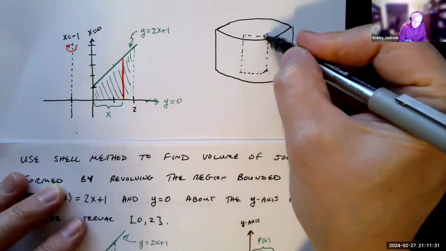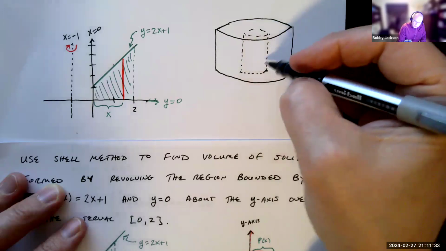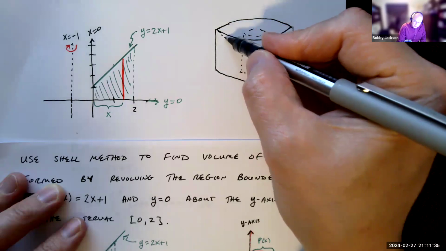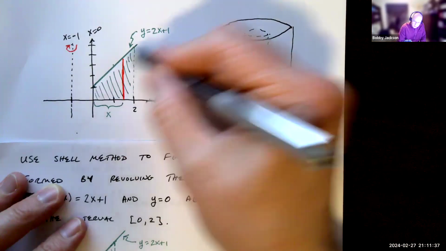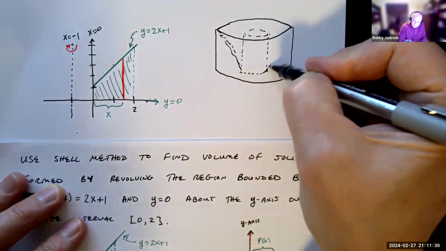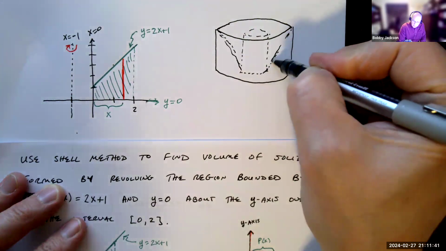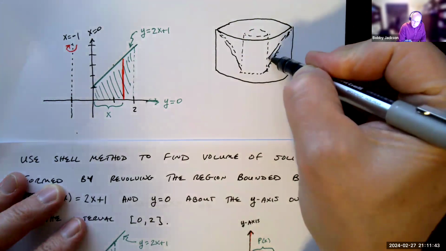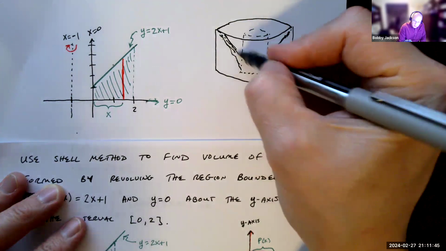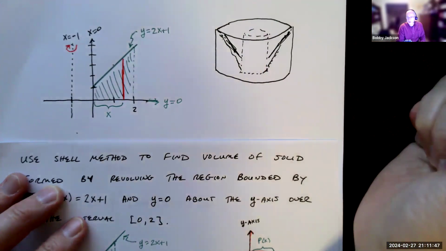I'm terrible at drawing these things, but there's a hole here. And also there's this funnel shape. From these edges, there's a funnel shape going down. Maybe not quite to the bottom there, sorry. Okay, there's a hole in it.